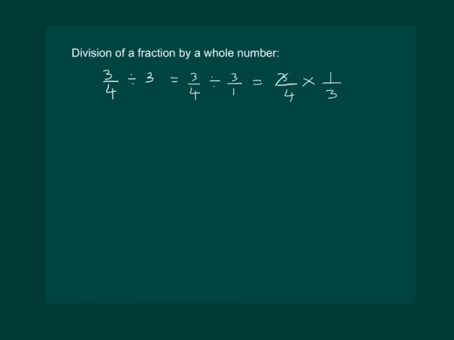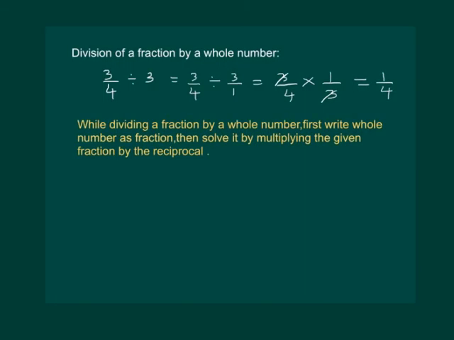Now solve it further and we are left with 1 by 4. That means while dividing a fraction by a whole number, first write the whole number as a fraction and then solve the division by multiplying the given fraction with the reciprocal.